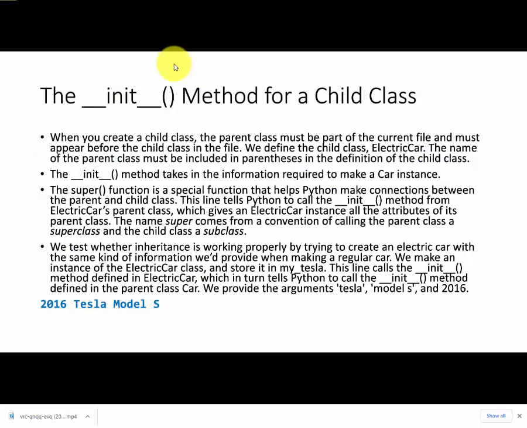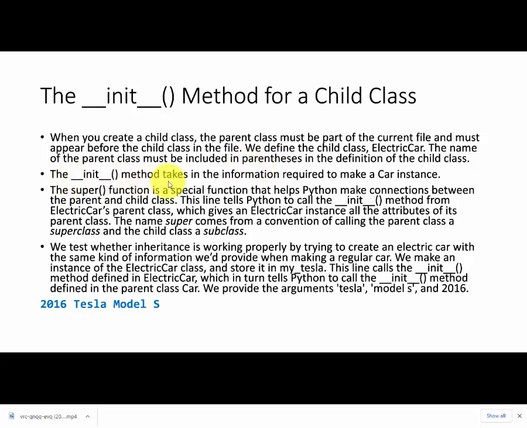Okay, so what the init method for this class is doing is explained to you in this slide. When you create a child class, the parent class must be part of the current file and must appear before the child class in the file. The child class here is the electric car, and our parent is the car class, which is already present. Inside the parentheses you have to include the parent class name.